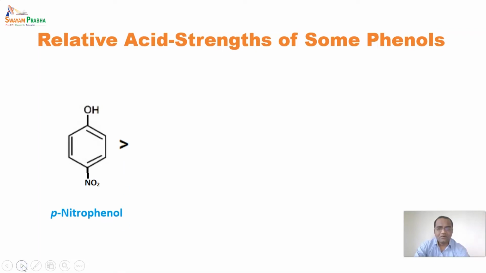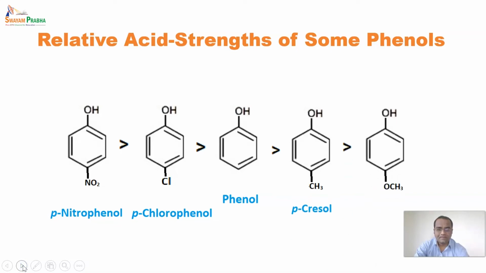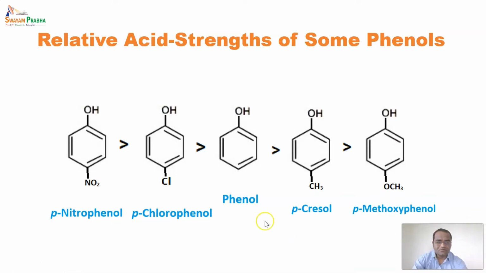So para-nitrophenol is more acidic compared to parachlorophenol, compared to phenol, compared to paracresol, and compared to paramethoxyphenol.